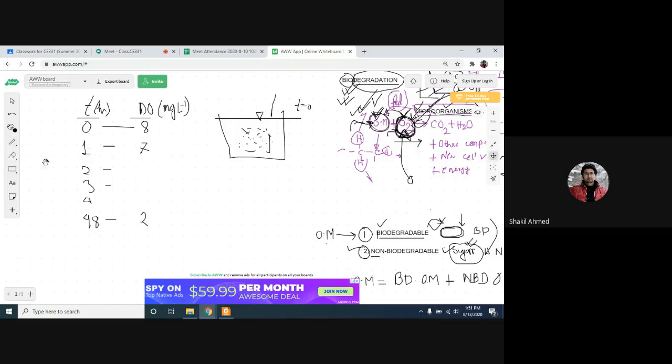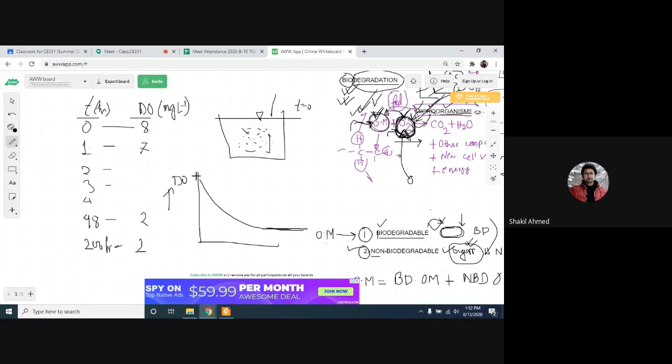Then you see that after 5 days, for example 200 hours or something like that, your DO is again maybe 2, so it's not further decreasing. It has reduced a lot. You see the DO has reduced like this, and then it's not further decreasing.